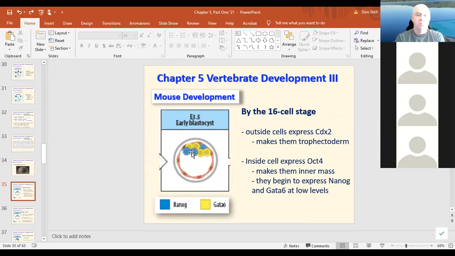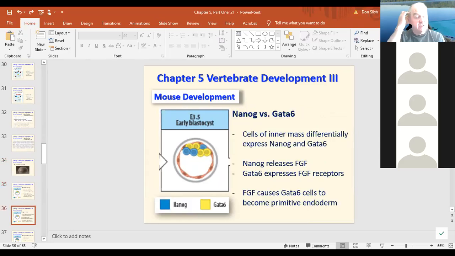Some cells will express more NANOG than the other cells, and then they start producing FGF. The other cells then have FGF receptors, and that causes them to become more black or white here, more NANOG and no GATA6, and GATA6 and no NANOG.